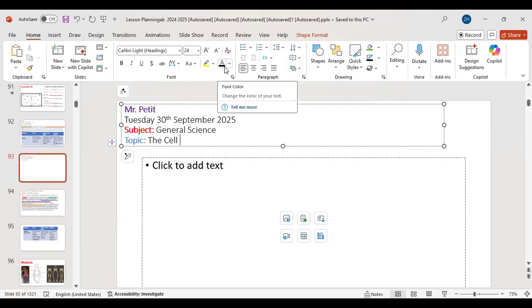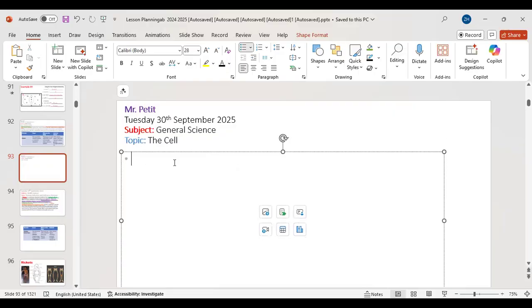By definition, what is the cell? The cell is the basic living unit of what? The basic unit of all living what? Life.